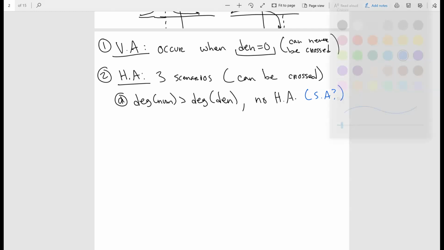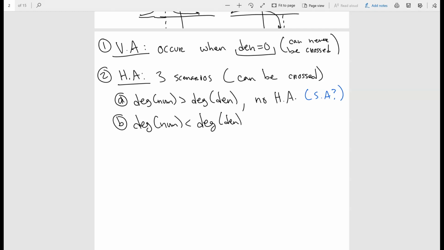The second scenario is when the degree of the numerator is less than the degree of the denominator. In this case, the horizontal asymptote is at y equals 0, always. And finally, part C, the third scenario, is when the degree of the numerator is equal to the degree of the denominator.